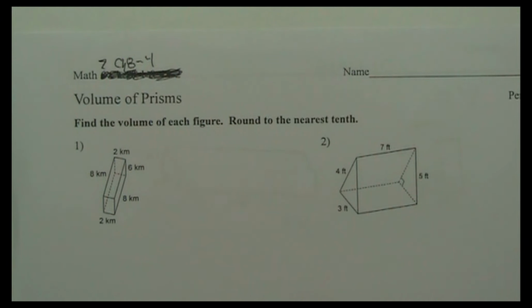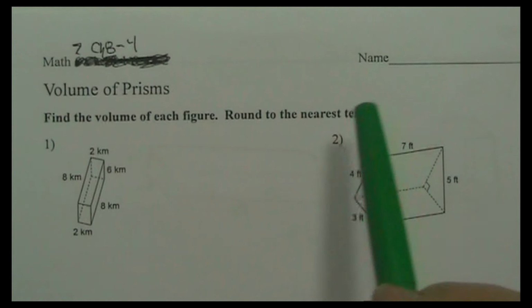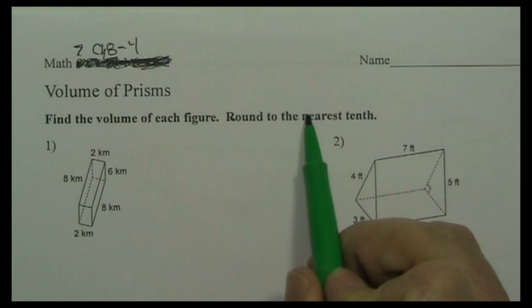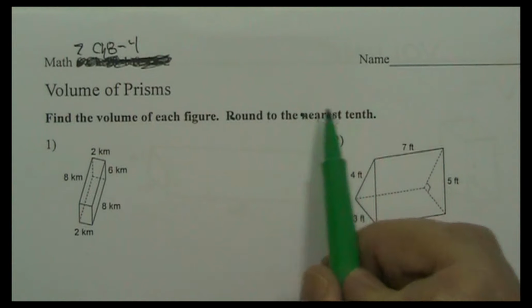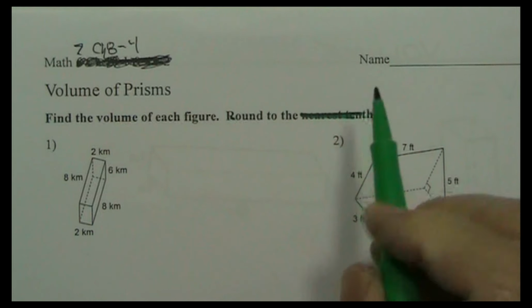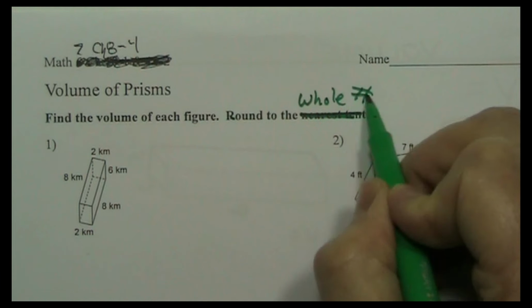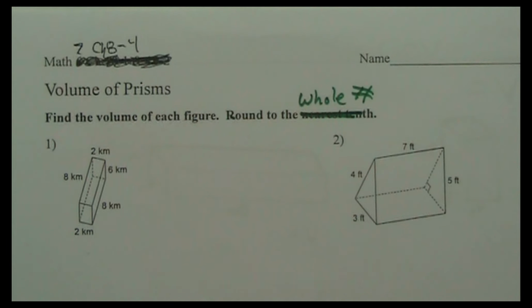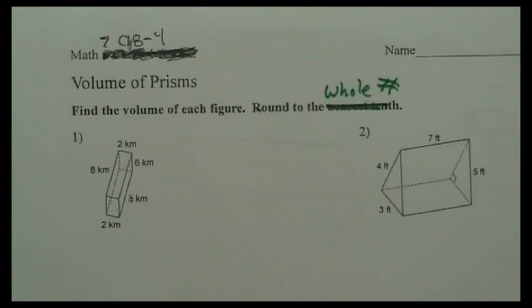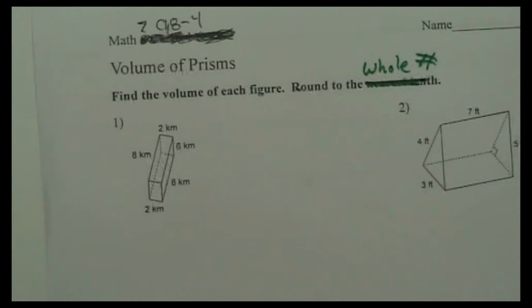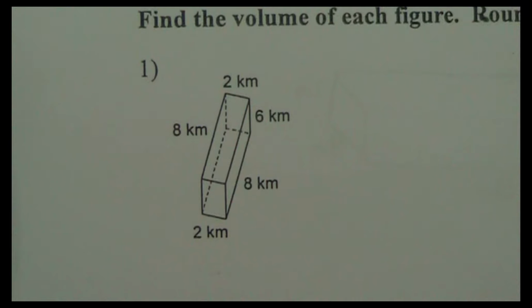Okay, a couple of things to note is that it says round to the nearest tenth. Let's just say round to the nearest ones. Let's just change this to say whole number. In other words, no decimal point. Round it off to the nearest ones. Okay, let's take a look at some shapes. You'll notice that, for example, the first one, there's more numbers than you need, right?